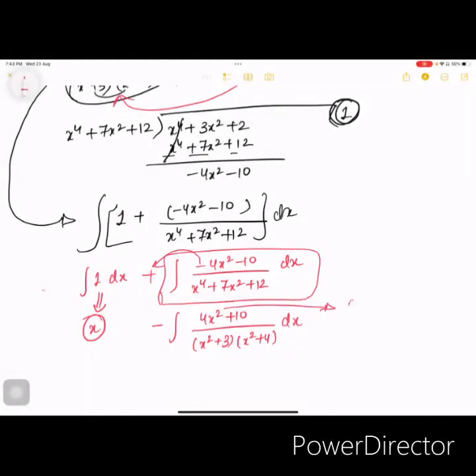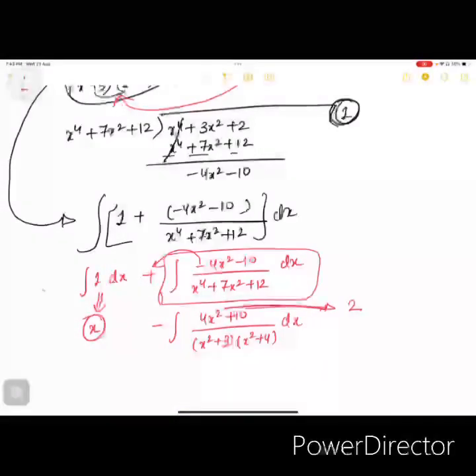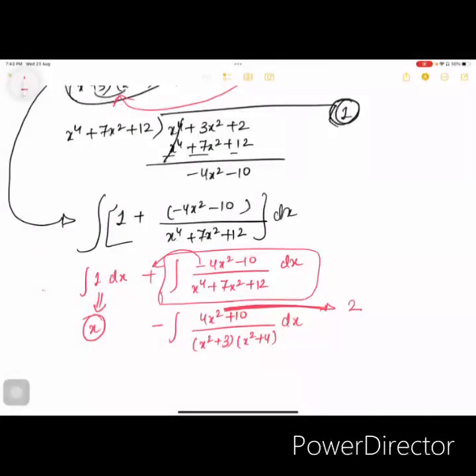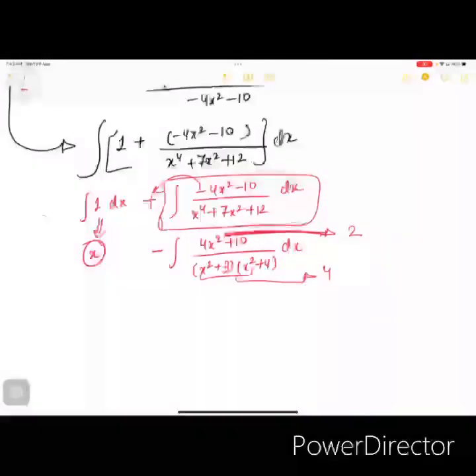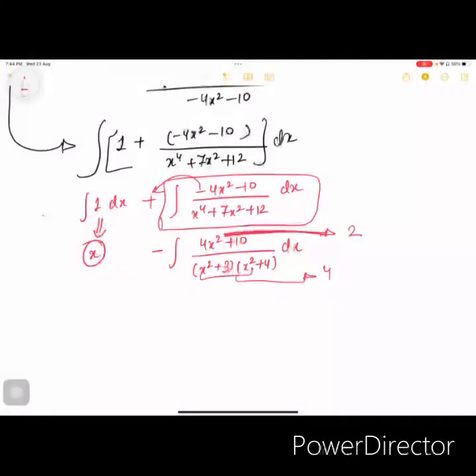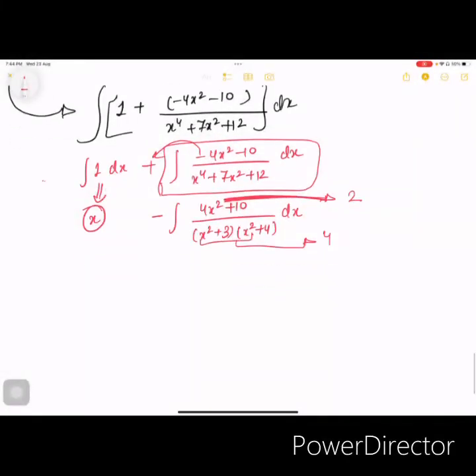The power of numerator is 2. The degree, sorry. The degree of numerator is 2 and the degree of denominator is 4. Now it is suitable for partial fraction because the degree of numerator is less than the degree of denominator.